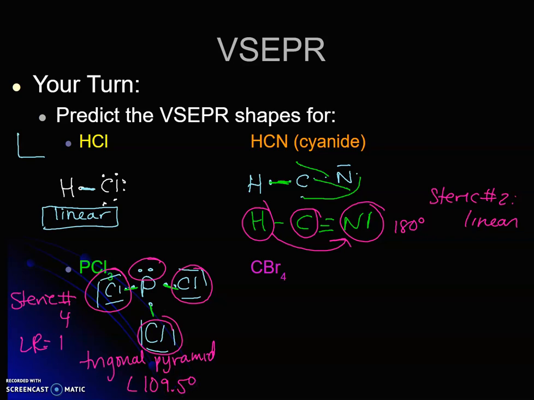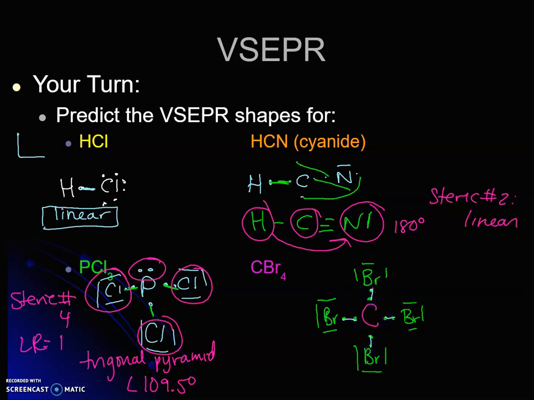All right, what about CBr4? We have carbon with 4 dots around it, and then we have bromine, which has 7 dots on each one. Then let's show them all linked up together.